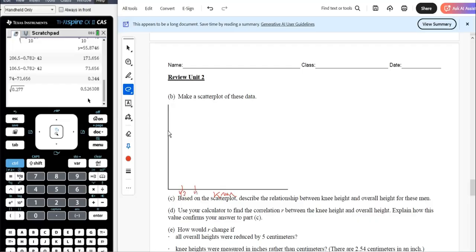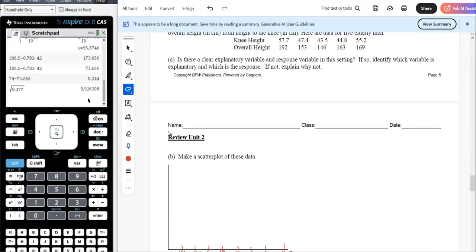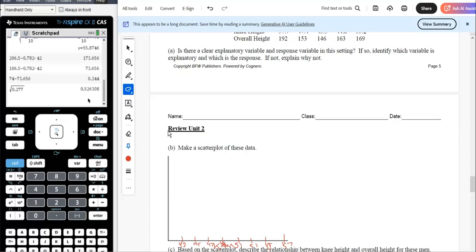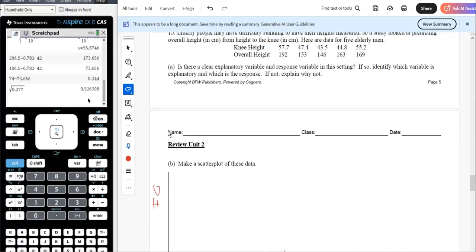43, 45, 47, 49, 51, 53, 55, 57. And I said that was knee height. And then overall height. That's terrible, but I don't have room here.